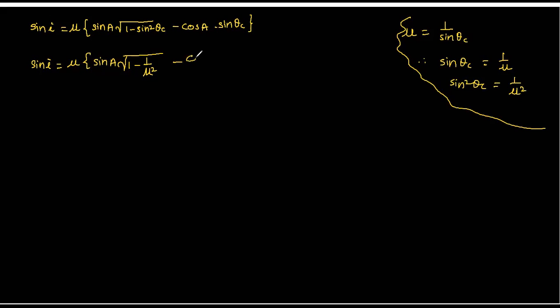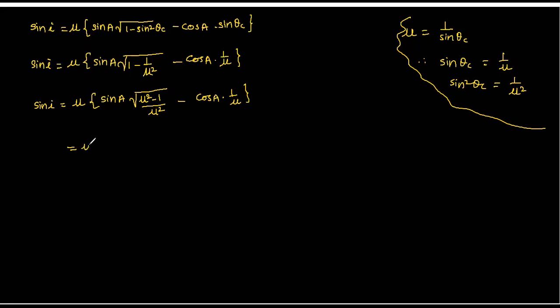Okay, minus this is cos A into sine theta c. Sine theta c is what again? 1 by mu. So can I keep here 1 by mu? Okay. So now next, sine I is equal to mu inside bracket sine A under root mu square minus 1 divided by mu square minus cos A into 1 by mu.